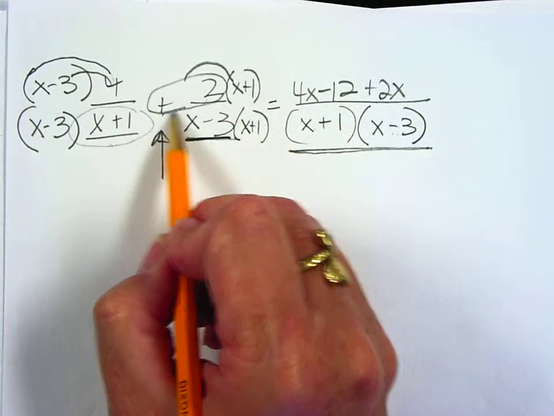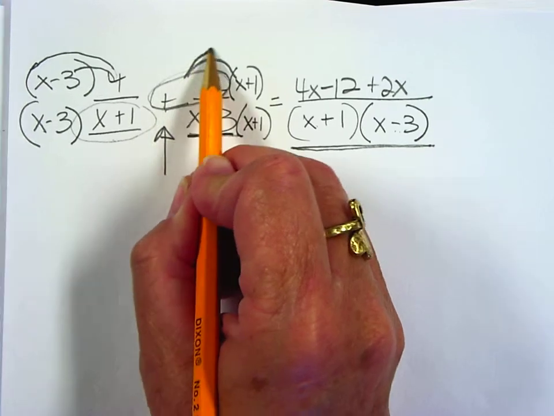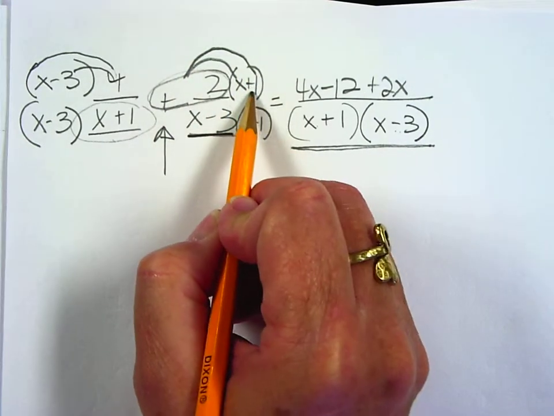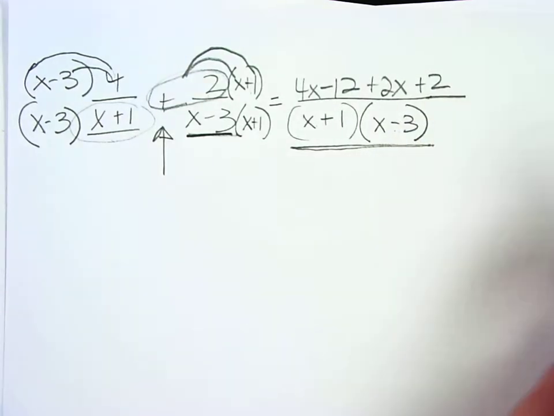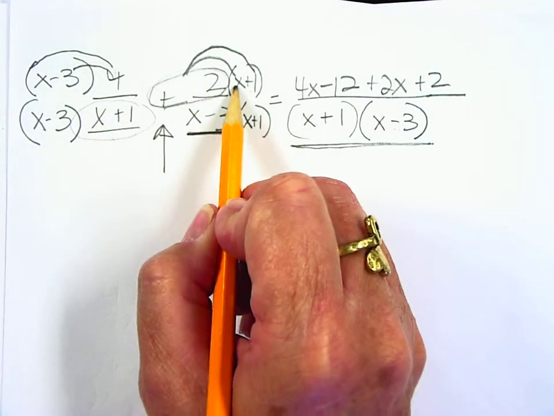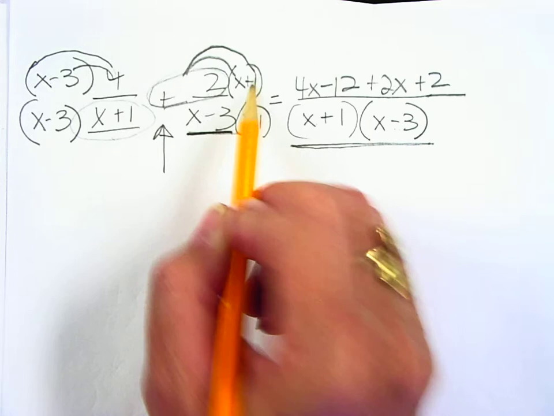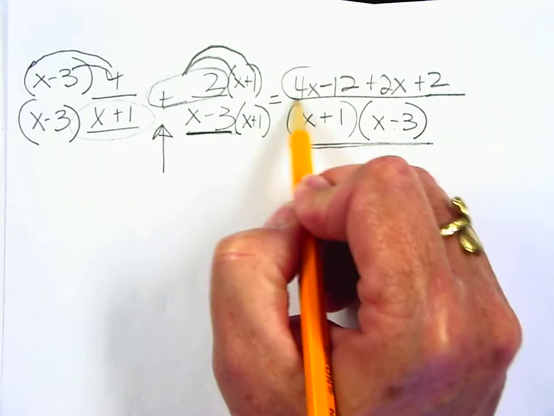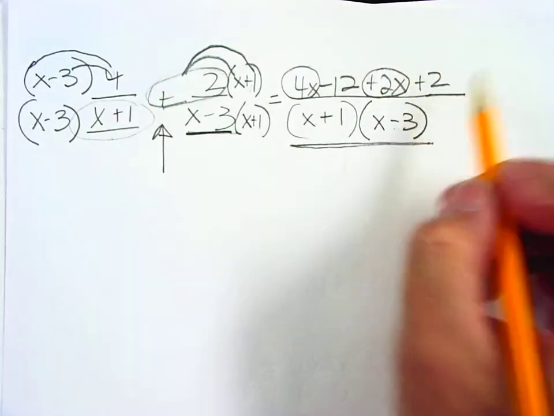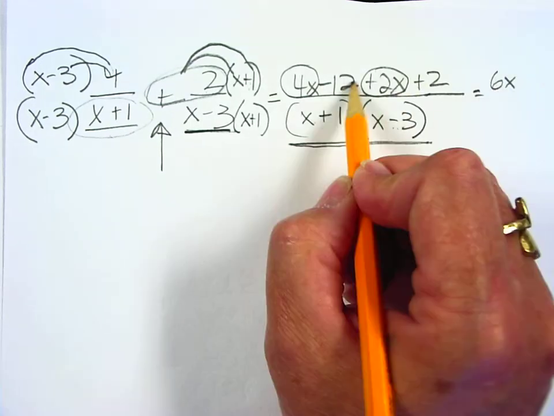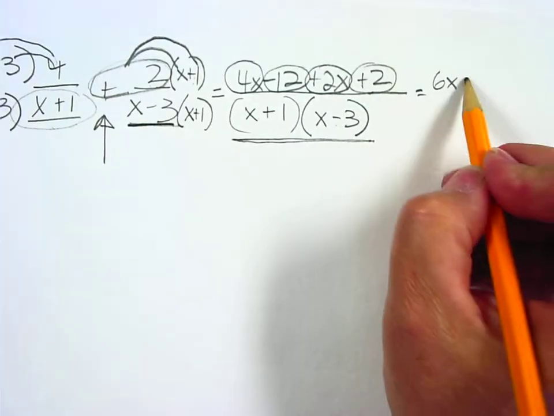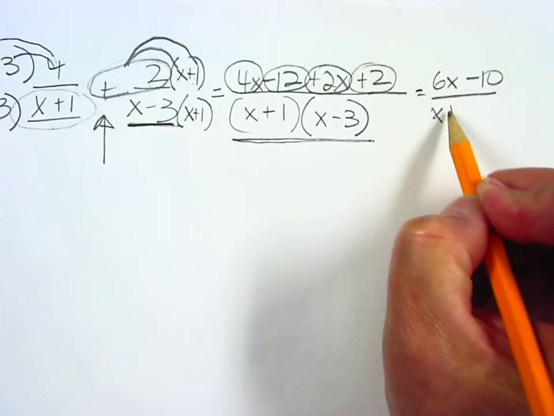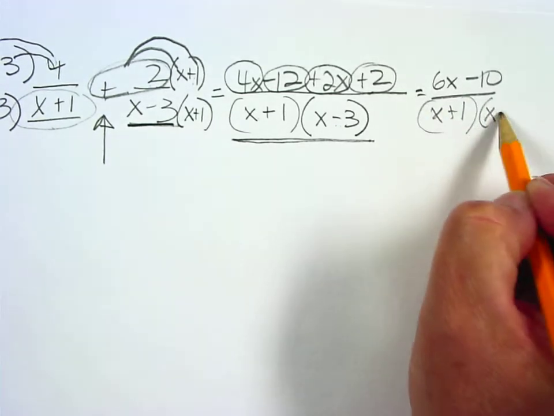Don't forget to distribute that to that second term inside your binomial. So it's positive 2. A lot of people will multiply the 2 times the x and forget to multiply the 2 times the 1. Combine like terms, and we get 6x minus 10 over x plus 1, x minus 3.